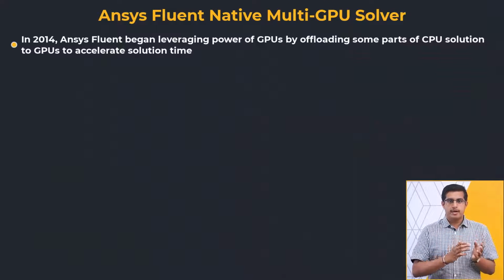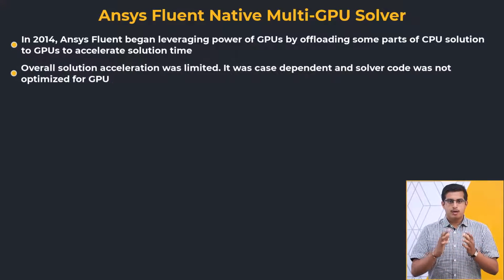Ansys Fluent implemented offloading to GPUs technology in 2014 by passing some parts of the CFD solver algorithm to GPUs to accelerate the overall solution time. The local acceleration obtained was case dependent, and as the Ansys Fluent solver was not yet optimized for GPUs, this limited the overall solution speed up.